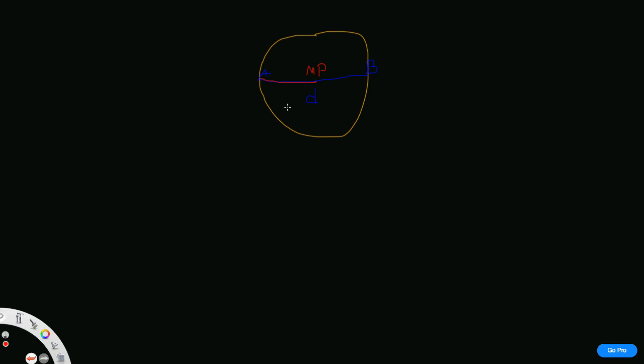This line is called the radius, or R for short. Radius, or R, is the length from point A to the midpoint. Those are the 2 important things that you need to know in order to find the area of a circle.